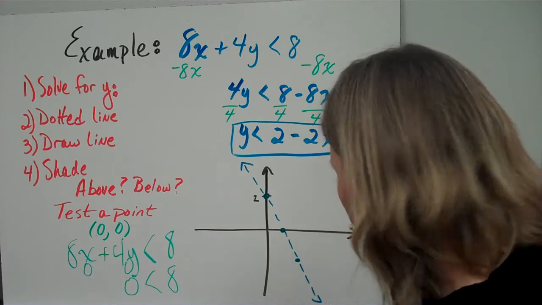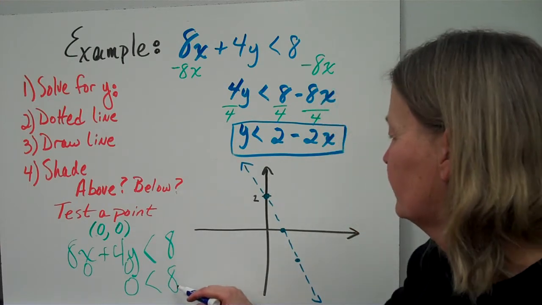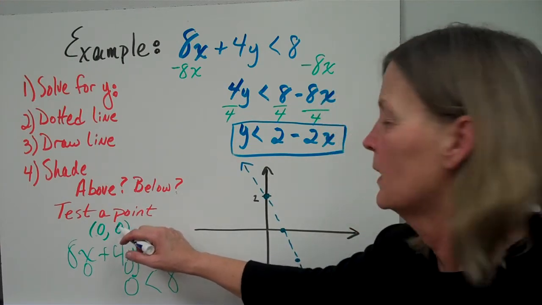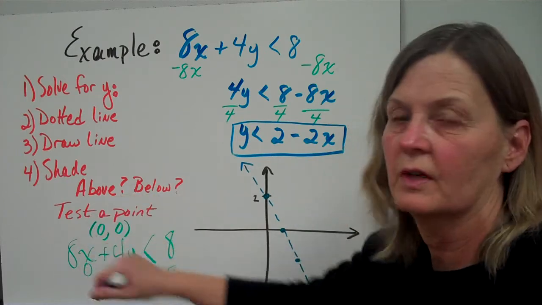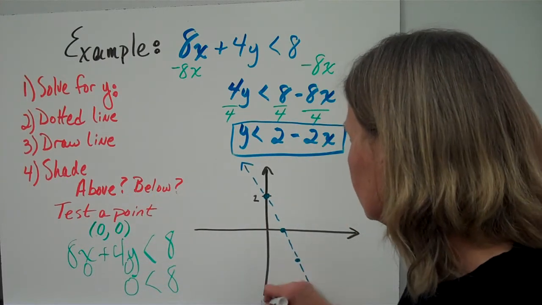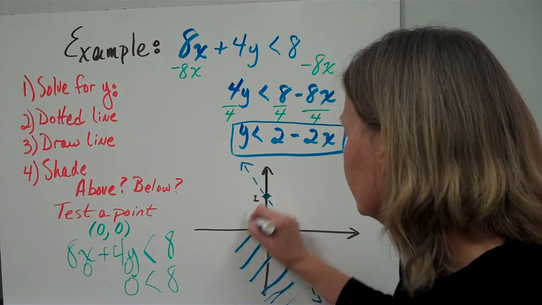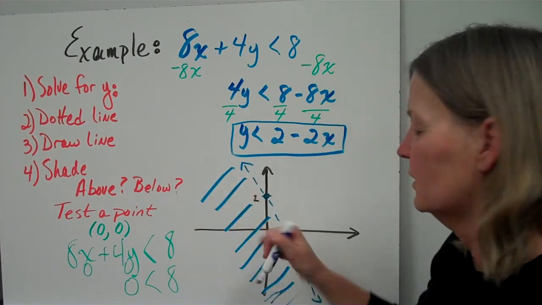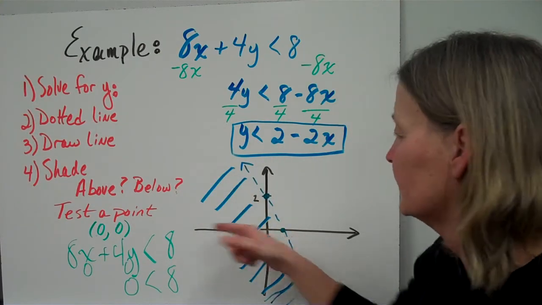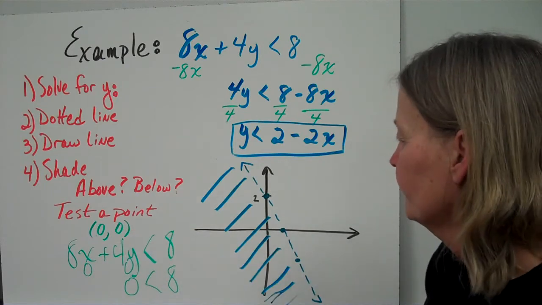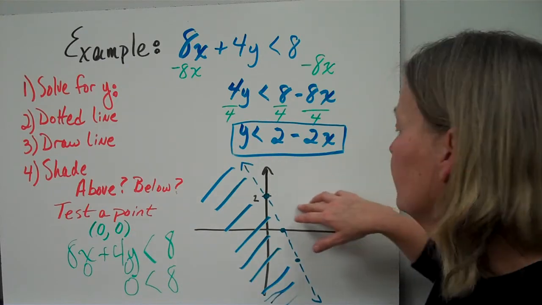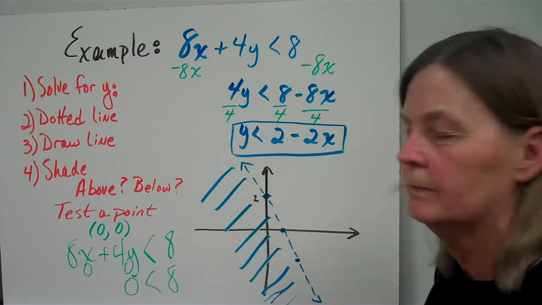Well, yes, it is. Well, that's an indication, if it's true, that that's a solution. And if that's a solution, then that's the side that should be shaded. So then I would shade this side of the line, because that's the side that included 0, 0 as our testing point. If we had tested a point in this area, it would not have come out true, so we would not shade it.